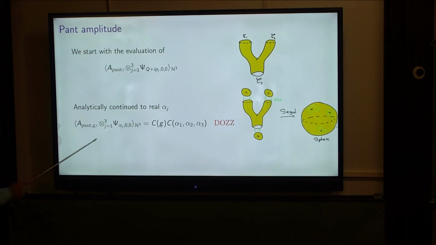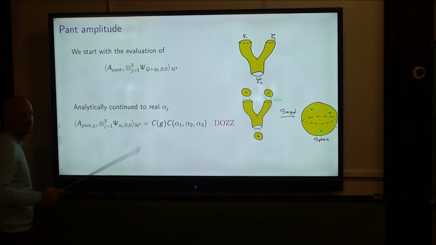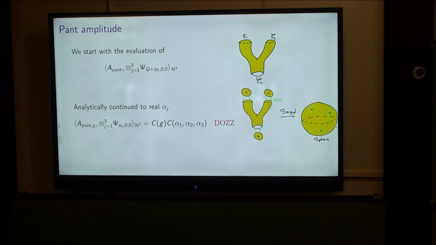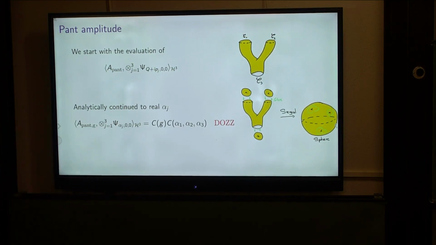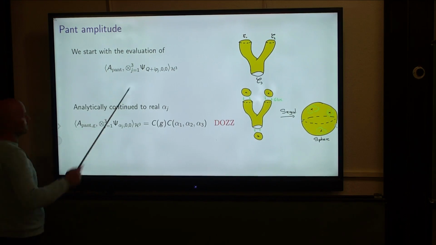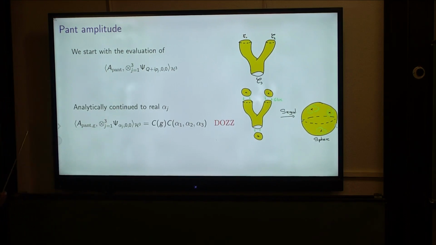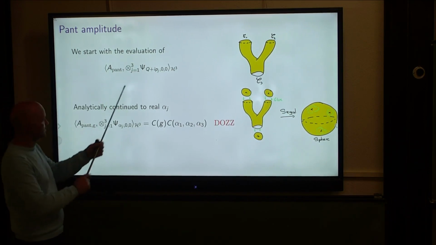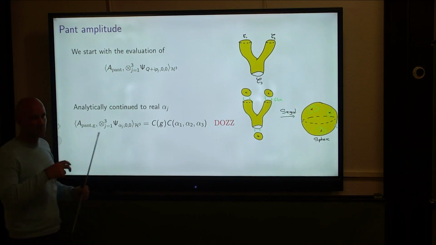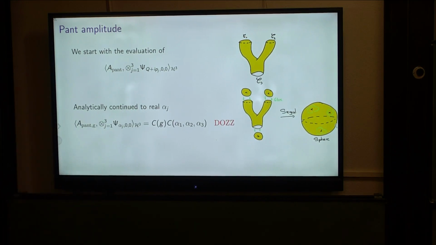Let me start with the simpler situation where I have no Young diagrams. Okay, so when I have no Young diagrams, remember that these eigenstates can be analytically continued. When I continue them to the real line, they correspond to disk amplitudes. And when I do the pairing by Segal, it's just gluing these disks to the pair of pants.